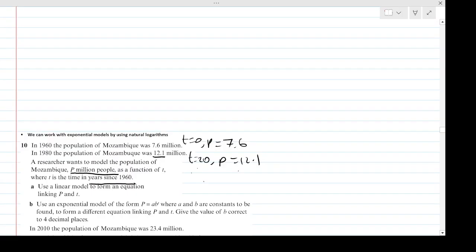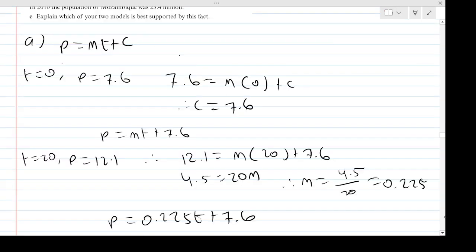That's my linear model. So again, a linear model, we looked at that in straight lines in chapter 5. What we mean by linear model is essentially y is mx plus c, like a straight line, right? Now, for part B, it says use an exponential model of the form P is ab to the t.